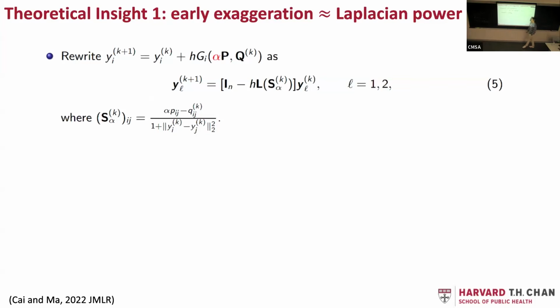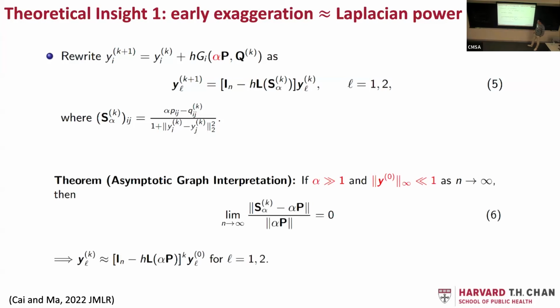However, the variable parts of this matrix, Q and Yi, Yj, their roles are reduced under the first and second steps. You can see if this alpha, the early exaggeration, is larger than a constant, then in the numerator, the effect of this Qij will be dominated by that.